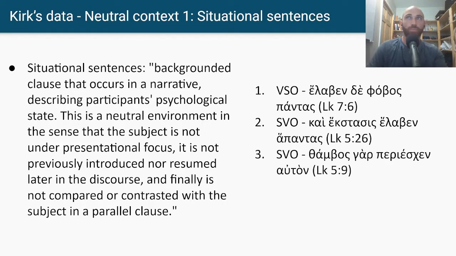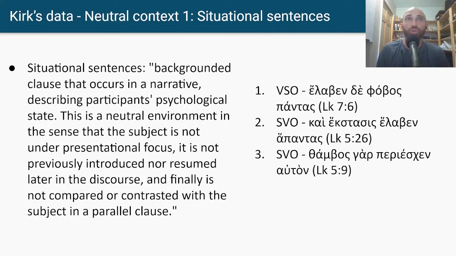Kirk comes up with three kinds of neutral contexts, like pragmatically neutral contexts. They are situational sentences, answers to a broad focus question, and introduction to parables. So we're going to go through these one at a time. First is situational sentences. This is how she defines a situational sentence: it is a backgrounded clause that occurs in a narrative describing participants' psychological state.